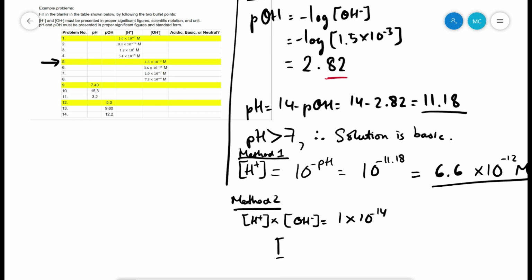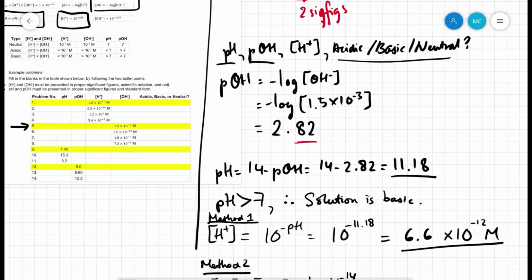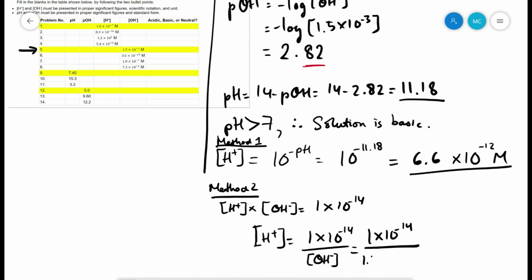So solve for H plus equals 1 times 10 to the negative 14 divided by the OH concentration, which will be 1 times 10 to the power of negative 14 divided by 1.5 times 10 to the power of negative 3. You should get 6.7 times 10 to the negative 12 molar.